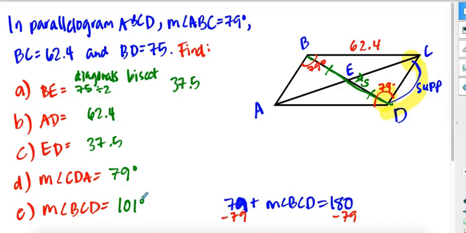So I'll give you a minute to ask a question there. We're going to do one more parallelogram one.